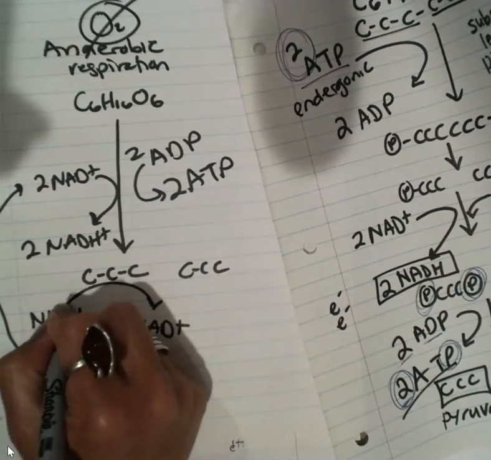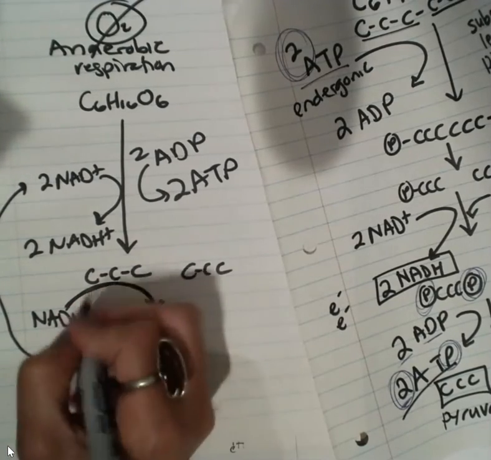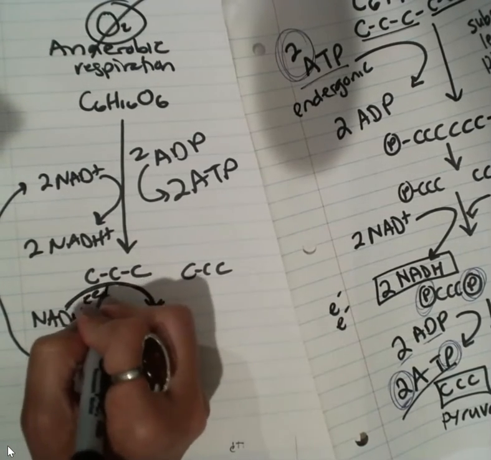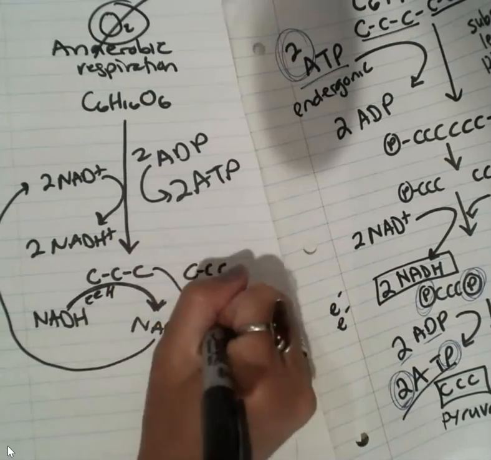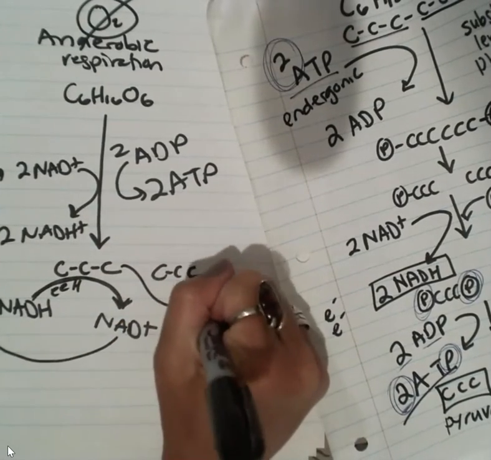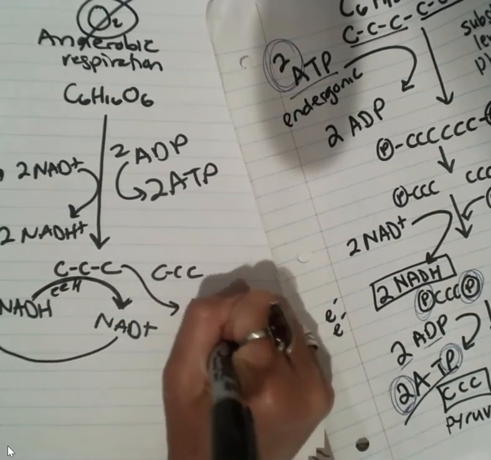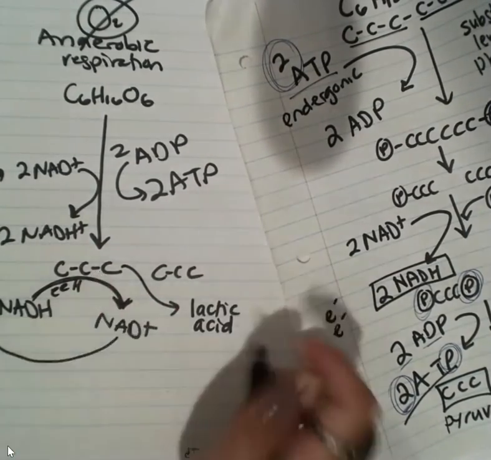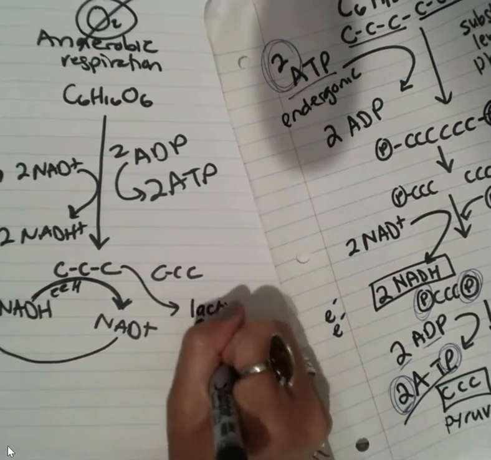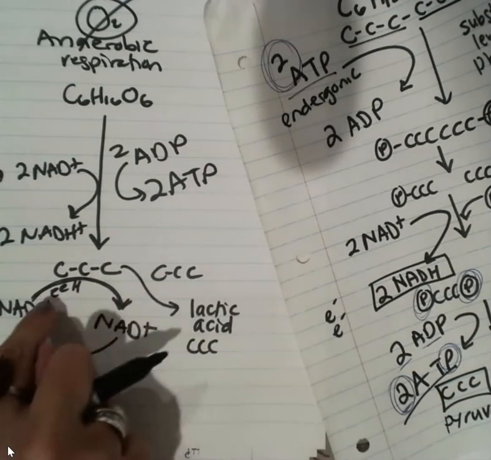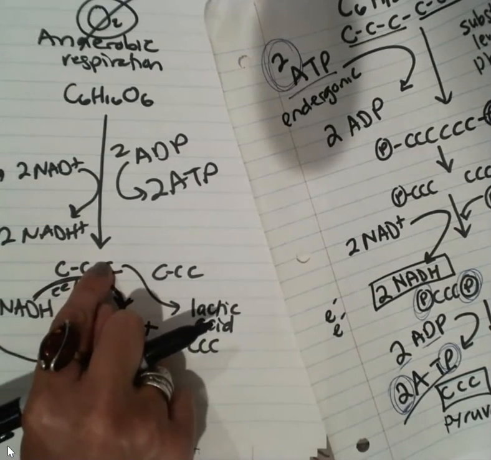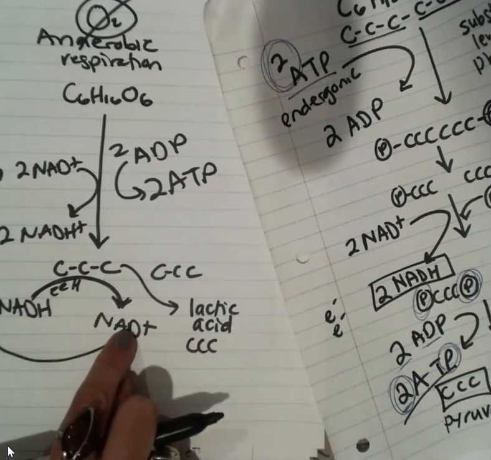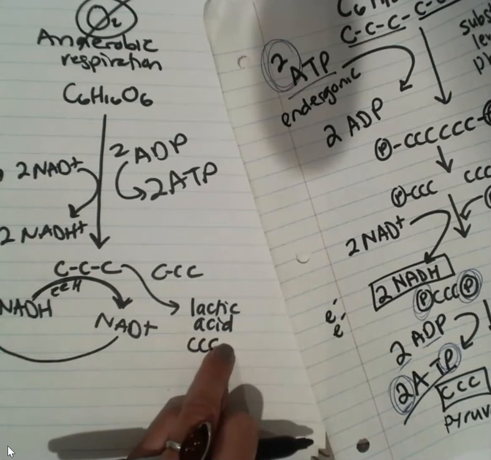So in this chemical reaction right here, the electrons and hydrogens will be added to pyruvate, and that is going to convert pyruvate into lactic acid. So lactic acid is still 3 carbons, but there's a chemical reaction that occurs in order to oxidize this electron carrier, forming lactic acid in lactic acid fermentation.